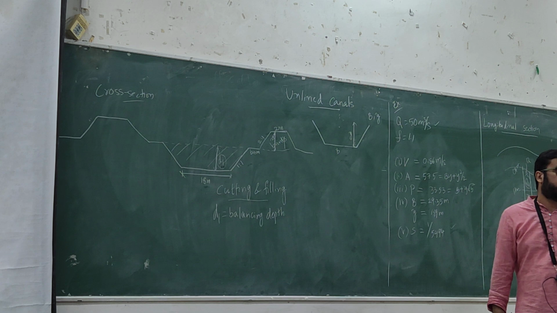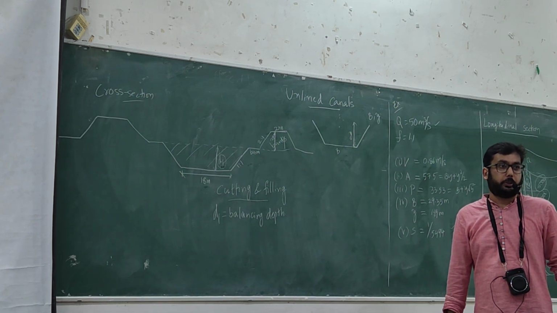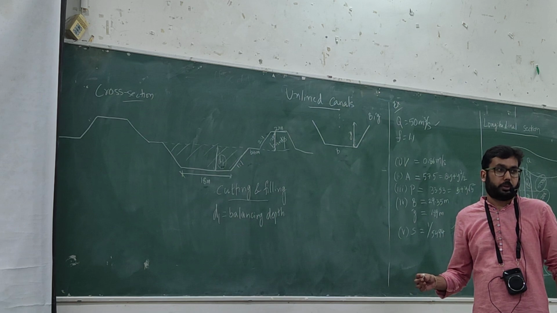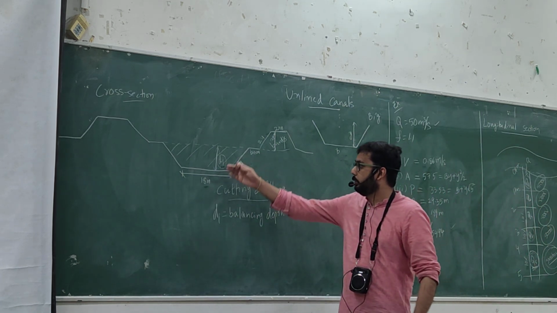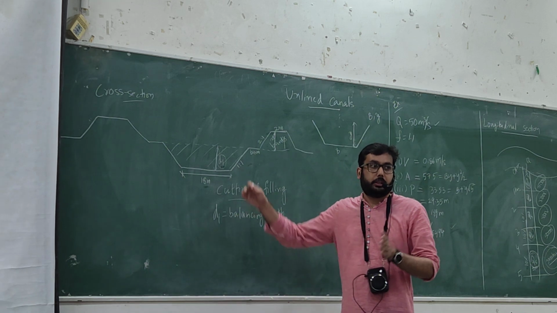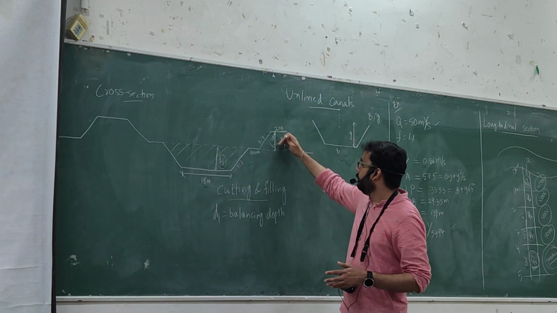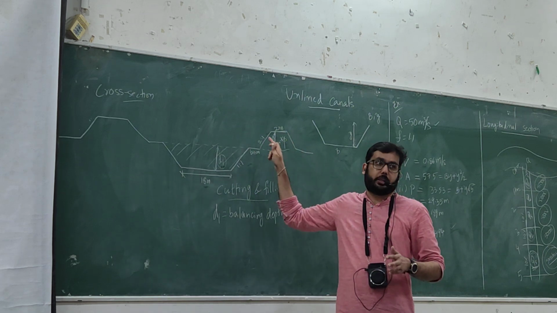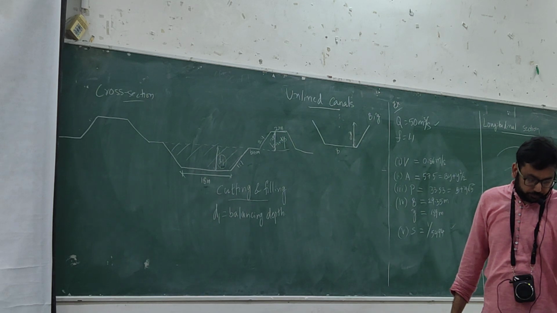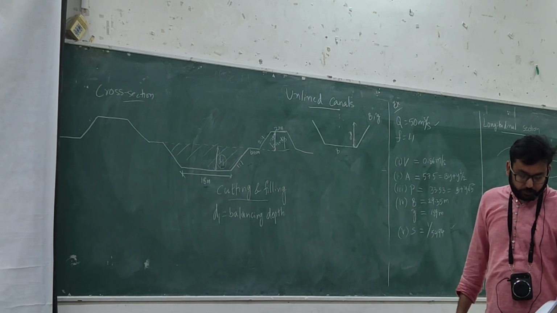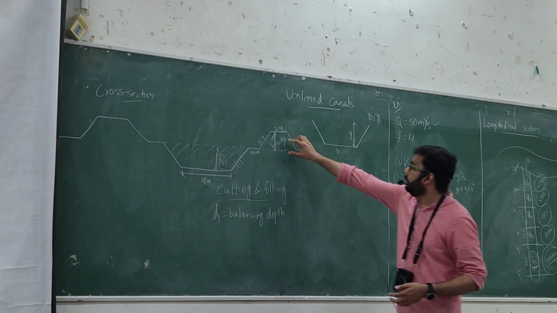Now for this, we need to calculate the balancing depth. So how do we do it? Let's say we are looking at per unit length of the canal. Then you calculate the area of the trapezoid and equate it to the area of the two banks together, so you would get the balancing depth D1. So this is 3 meters.